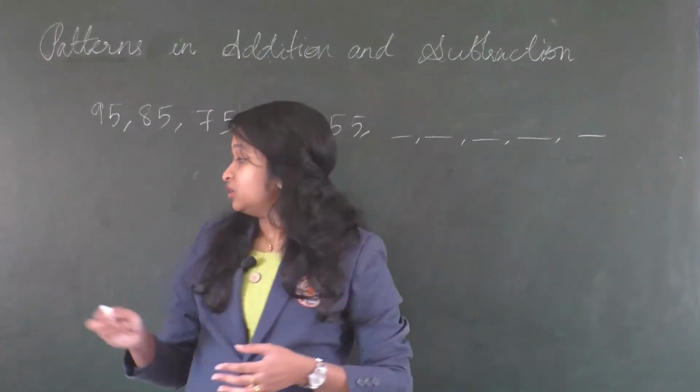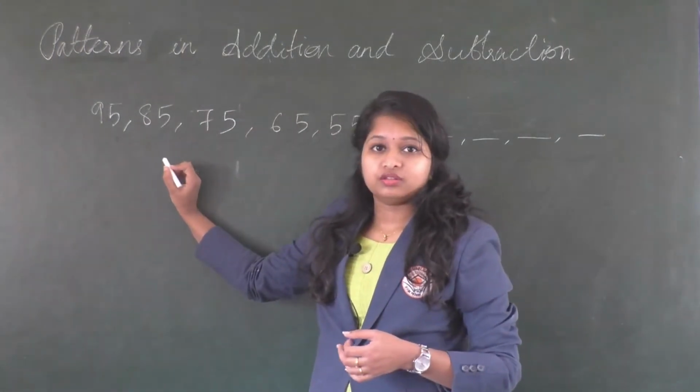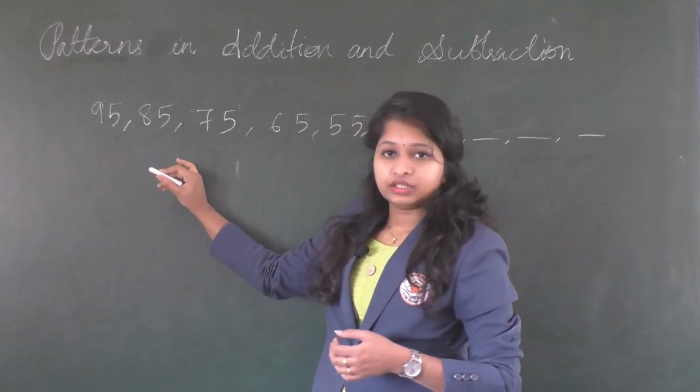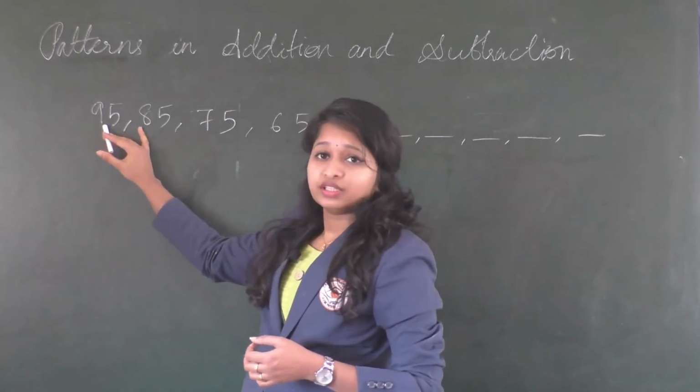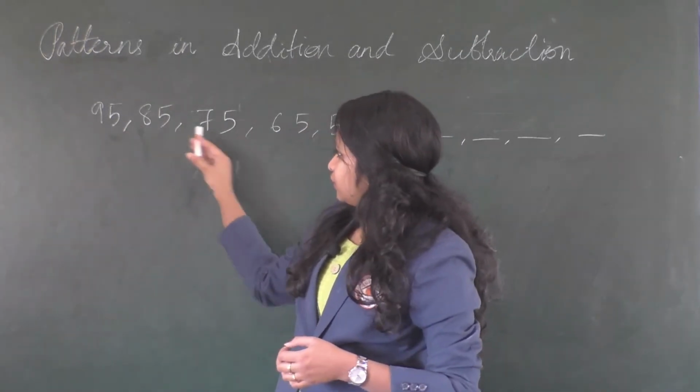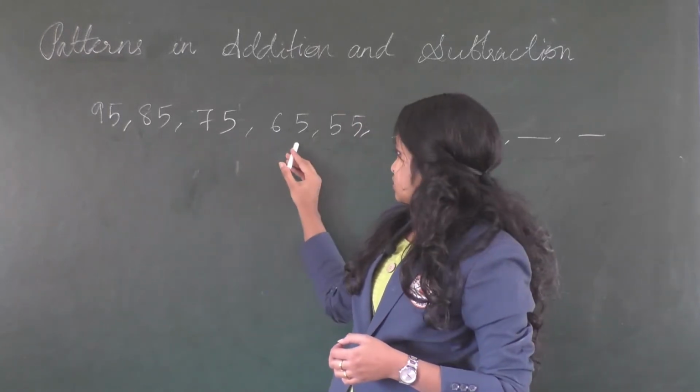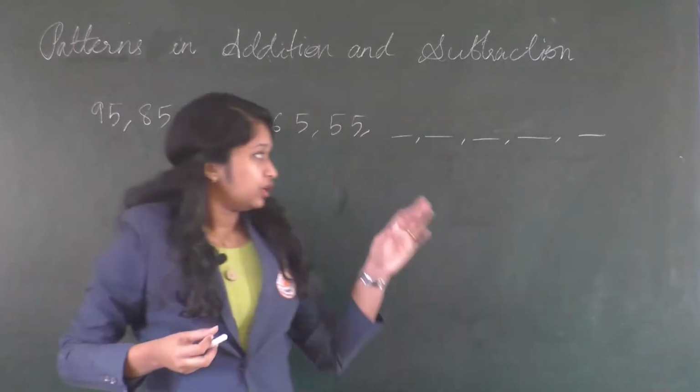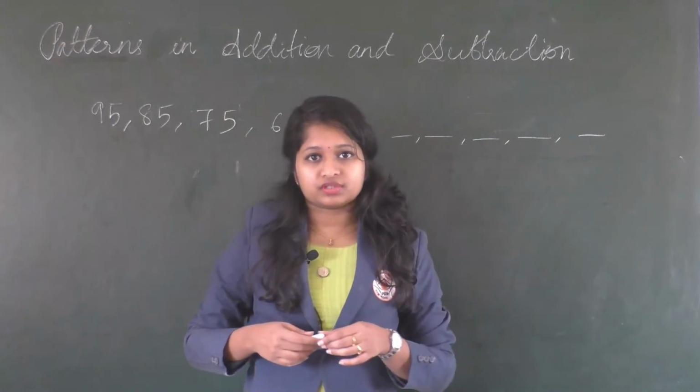Next, let's see one question from subtraction. Here it's 95, 85, 75, 65, 55, and we should find the rest of the numbers.